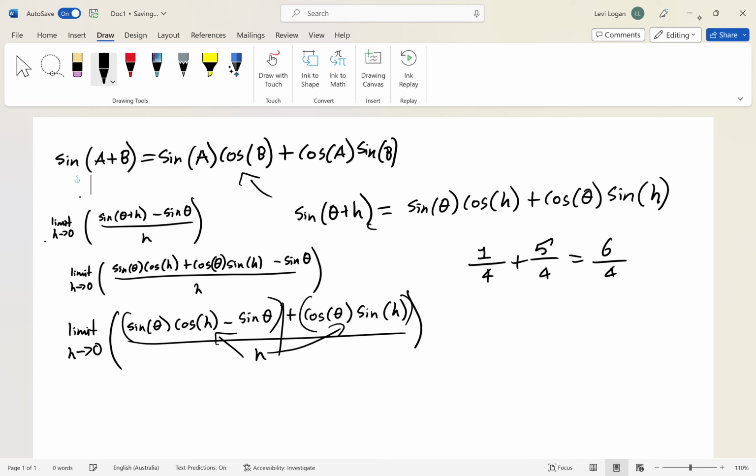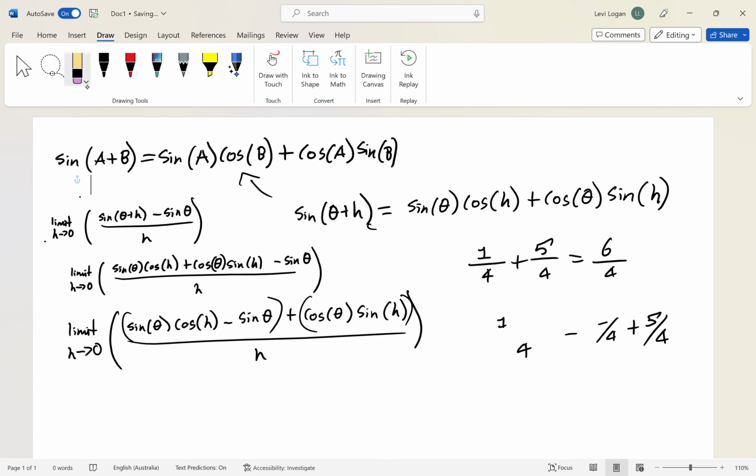Well, what we're doing here is having 1 plus 5 over 4, and cutting this in half and making it equal to 1 over 4 plus 5 over 4. We're not changing anything, we're just changing how it looks. So we're doing the exact same thing here with these letters, okay?